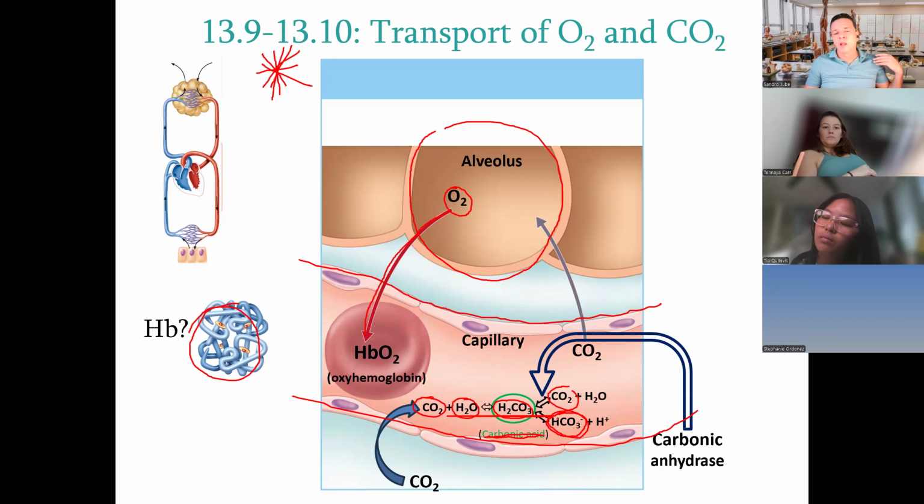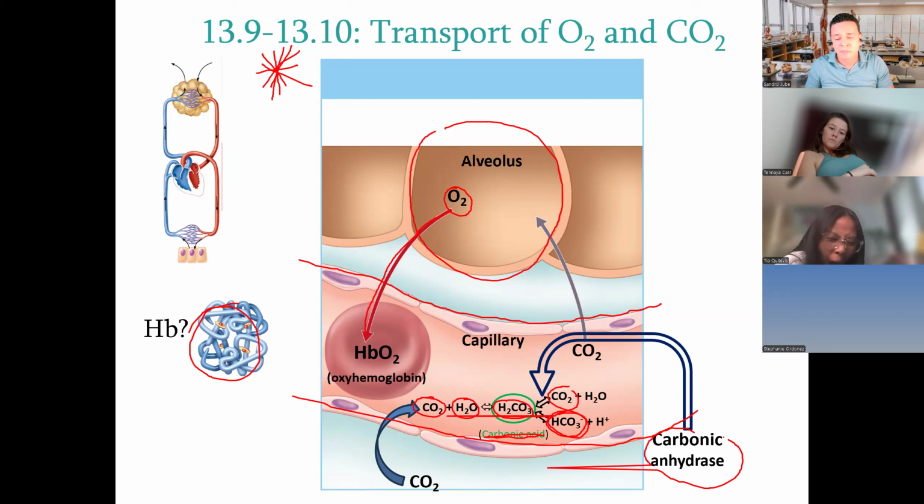Now, when this blood is passing through the capillaries of the lungs, we're going to have an enzyme called carbonic anhydrase. And the carbonic anhydrase enzyme is going to break down carbonic acid back into CO2.